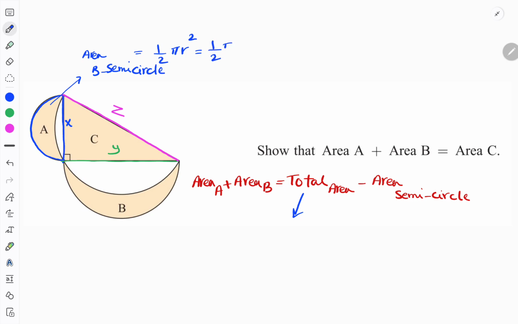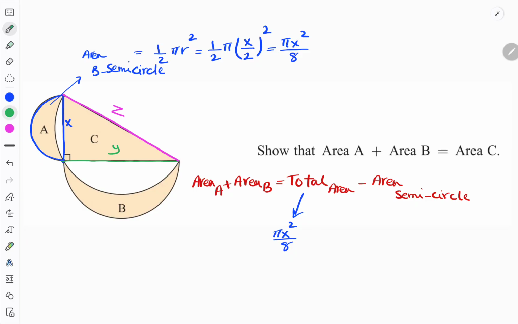So half of PR squared is X over 2 squared. And if we simplify this, we will have P X squared. 2 to the power of 2 is 4. 4 times 2 is 8. So we have the area of blue semicircle, which is P X squared over 8 plus.